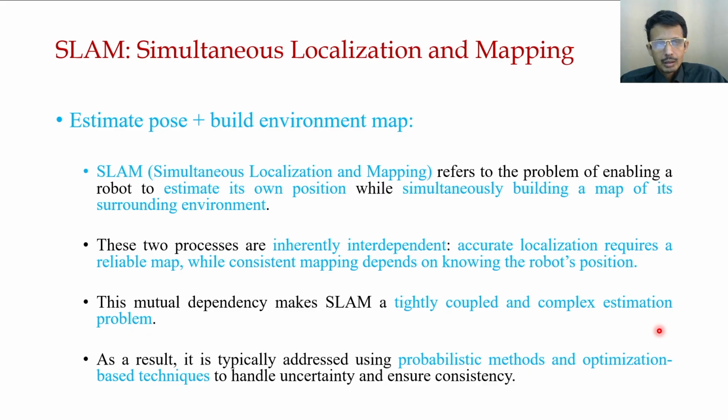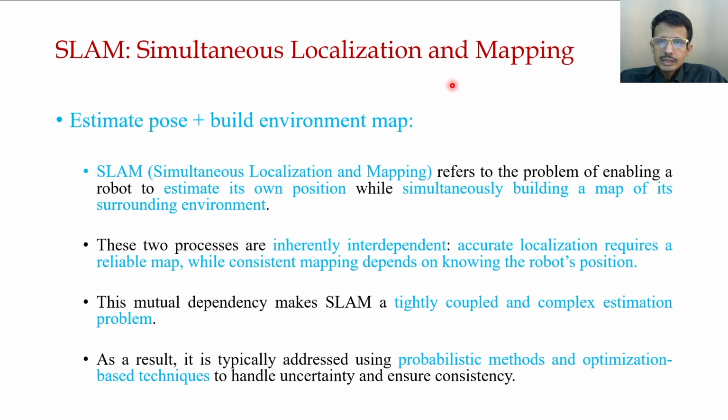models. Simultaneous localization and mapping is a very interesting computer vision problem where we do mainly two things. One is localization and one is mapping.